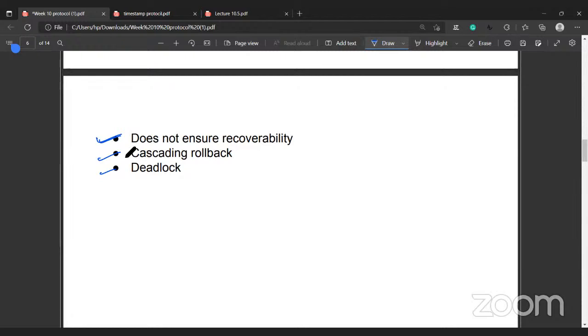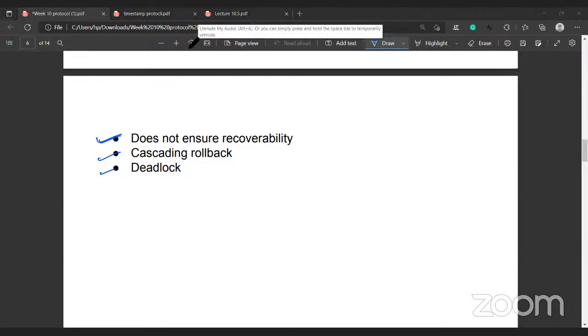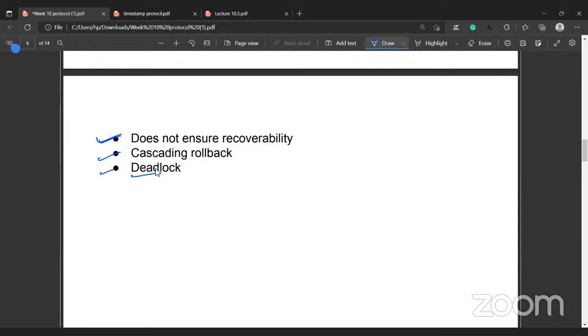Is starvation also something like that? Yes, starvation is also mentioned in the lecture slide. Starvation is also possible.